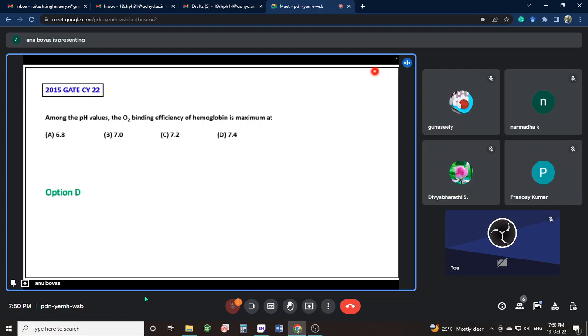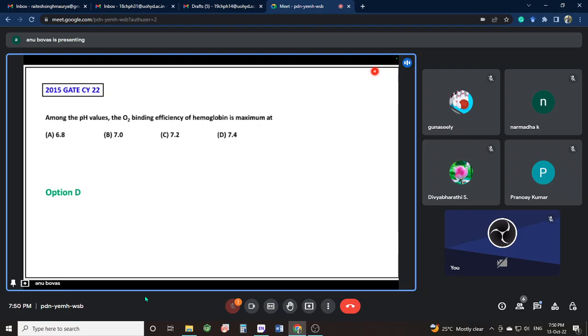Once it is bound to cyanide or carbon monoxide, even if oxygen comes after that, there is no use. It forms cyanomethemoglobin, and this leads to cyanide poisoning. That's why it is very lethal to us.